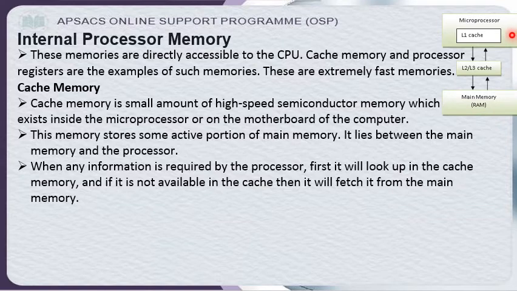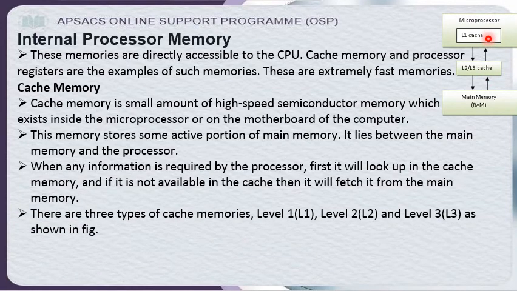It first checks in the cache memory whether it is available or not. When it is available, it directly processes that. If it is not available in the cache memory, it is fetched from main memory and then it will come to the L1 cache or L2 or L3 cache.